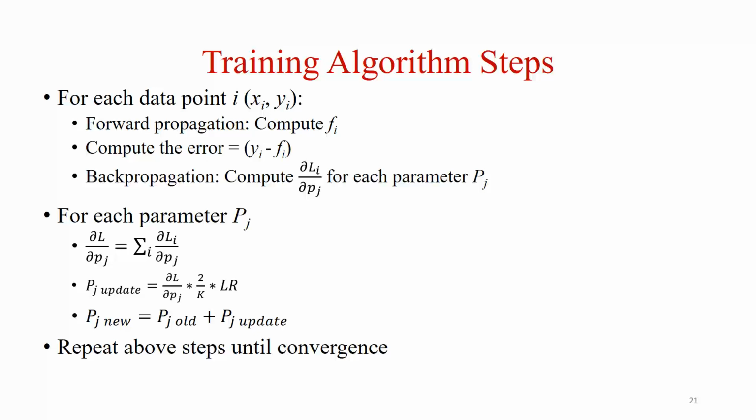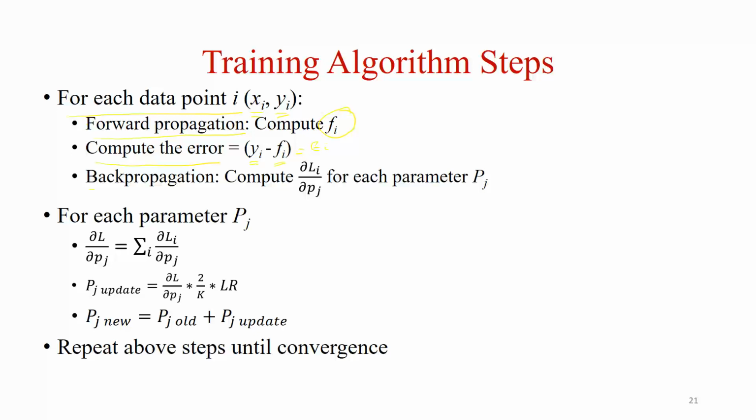Now, again, back to the training algorithm. Notice that we go through this algorithm multiple times, and every time we fine-tune. For each data point of the training data, we have xi and yi. We go through forward propagation, or inference, and compute fi. Then we compute the error, ei, which is the difference between the expected and the observed.